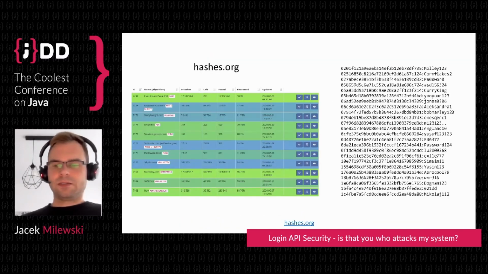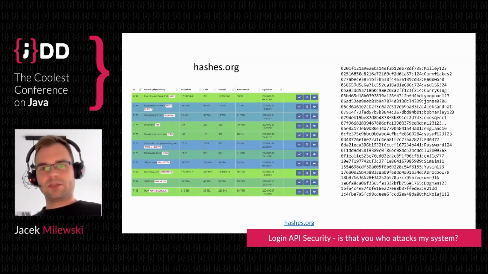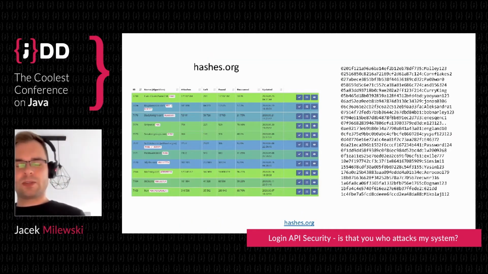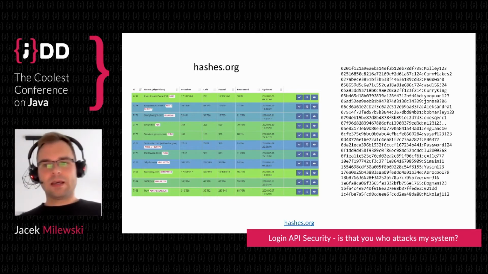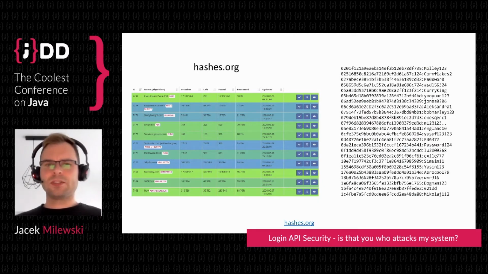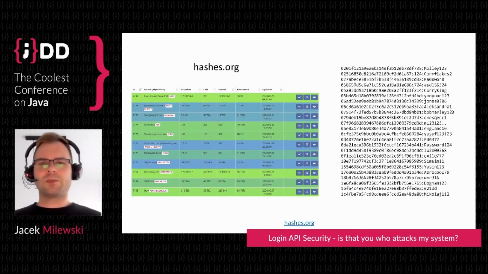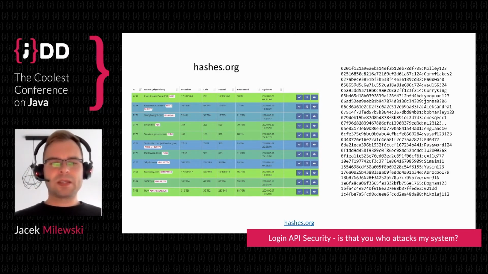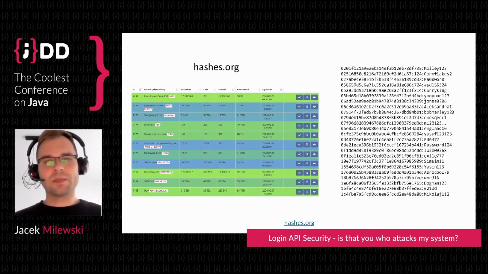And it's even easier to find such credentials. You don't have to open Tor, you can just open Hashes.org. You could have done it around 2 months ago. Right now, the site is down because they had some corrupted data in the database, and that crashed them.